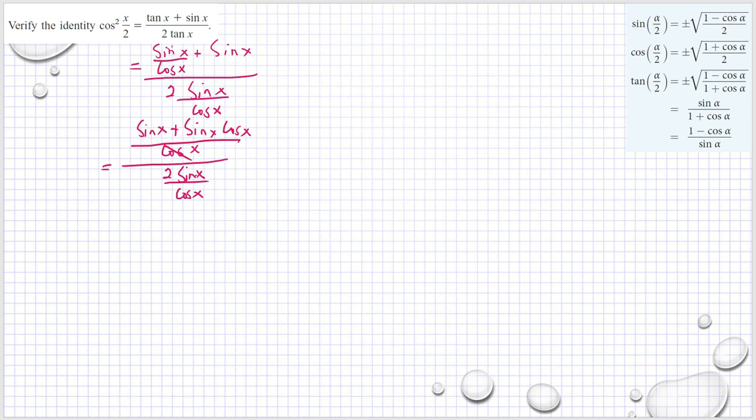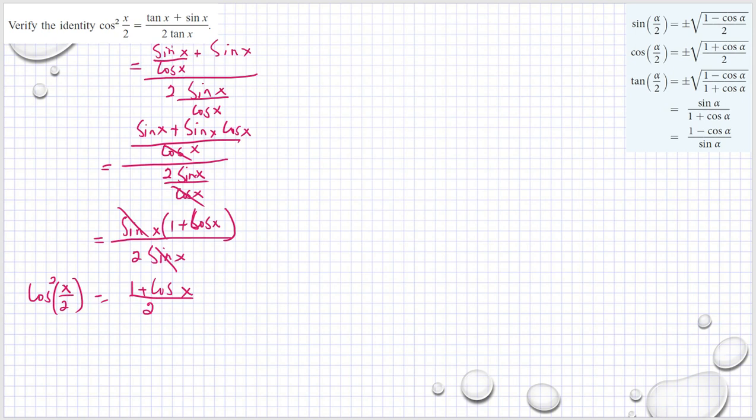Almost similar to what we did in our previous example. That is 1 now. Then we have a common factor: sine x times 1 plus cosine x over 2 sine x. And then we have 1 plus cosine x over 2. This is now our cosine squared x over 2.